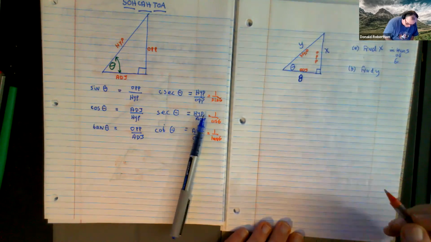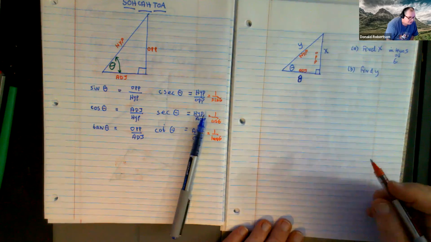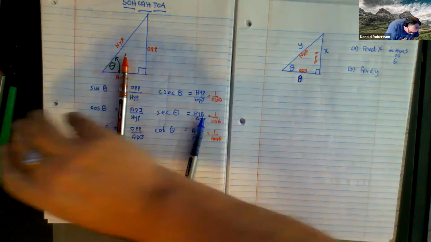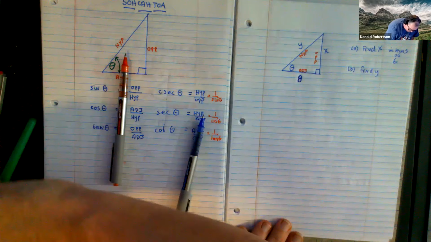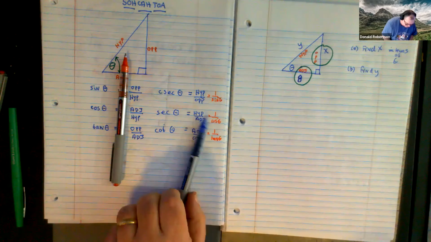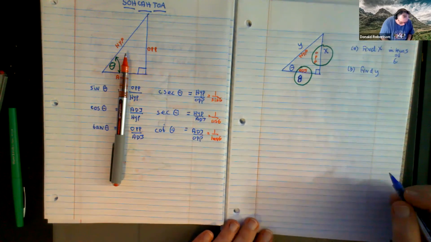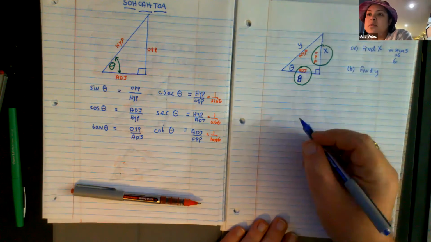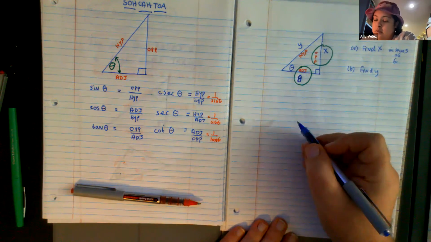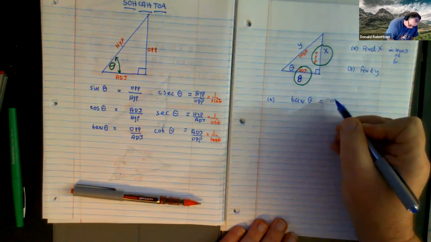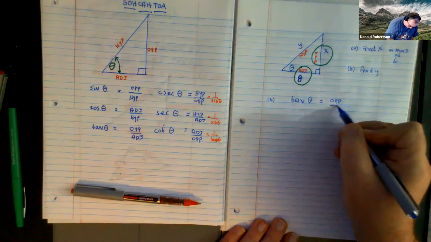So I'm going to approach the question the same way. If I wanted to find x, wouldn't I say, okay, I know the adjacent and I want to find x. Which trig formula uses an opposite and an adjacent in it? Tangent. Okay, so the tangent of theta is opposite over adjacent.